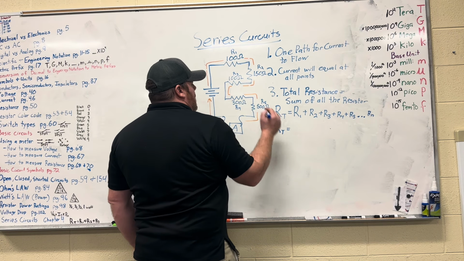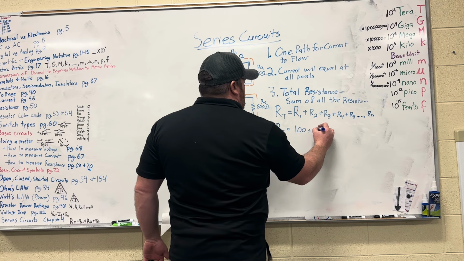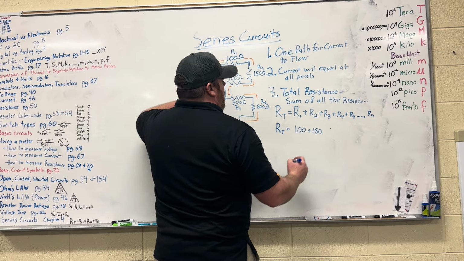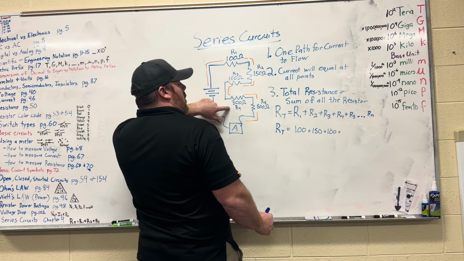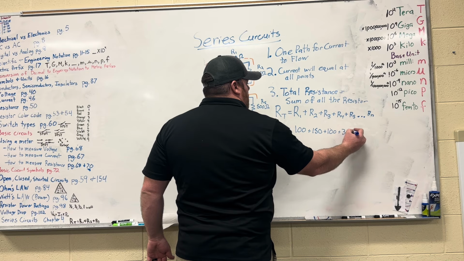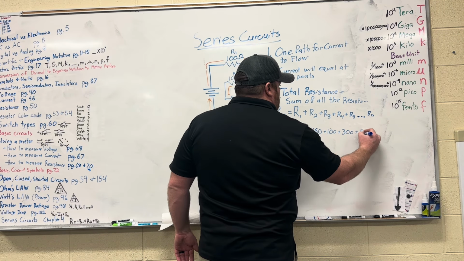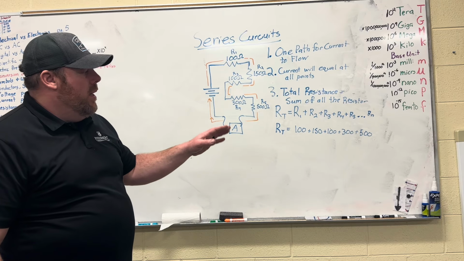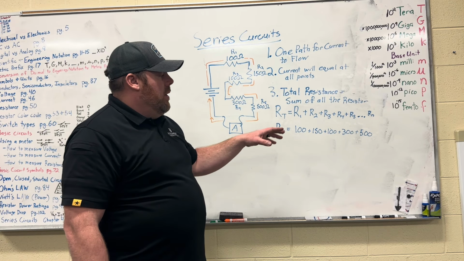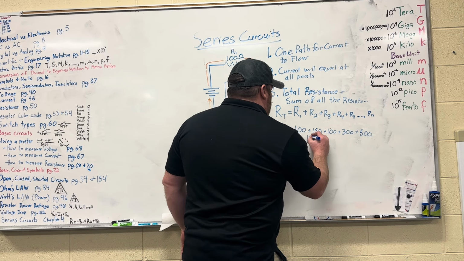So R1 is 100, R2 is 150, R3 is 100, R4 is 300, and R5 is 500. If we add those numbers together, we have 100, 200, 350, 650, 1150 if my math is right.